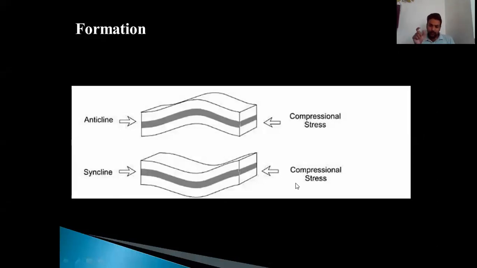You can see that compressional stresses are dominant in tectonically active areas. We usually won't get any compressional forces in tectonically stable areas. For example, in our area, like the Deccan Plateau or Indian Peninsula, at recent times we don't have any tectonically active zones, because of which we may not get such folds at present.